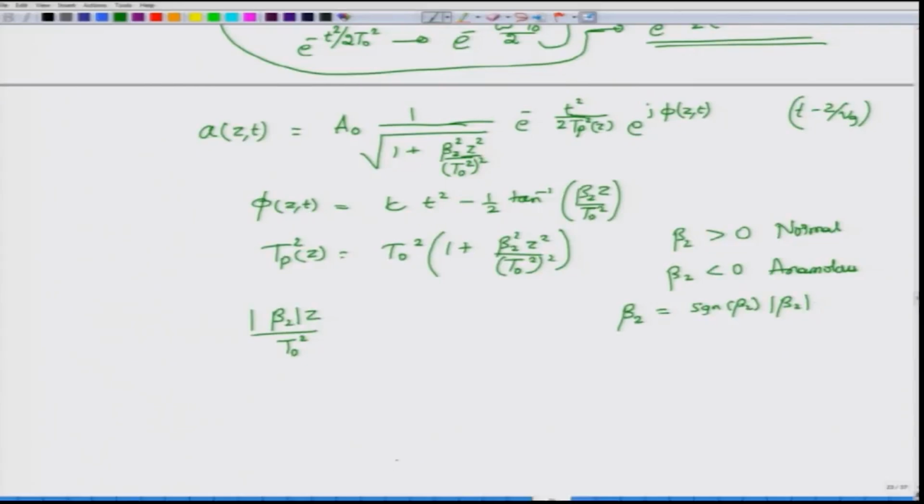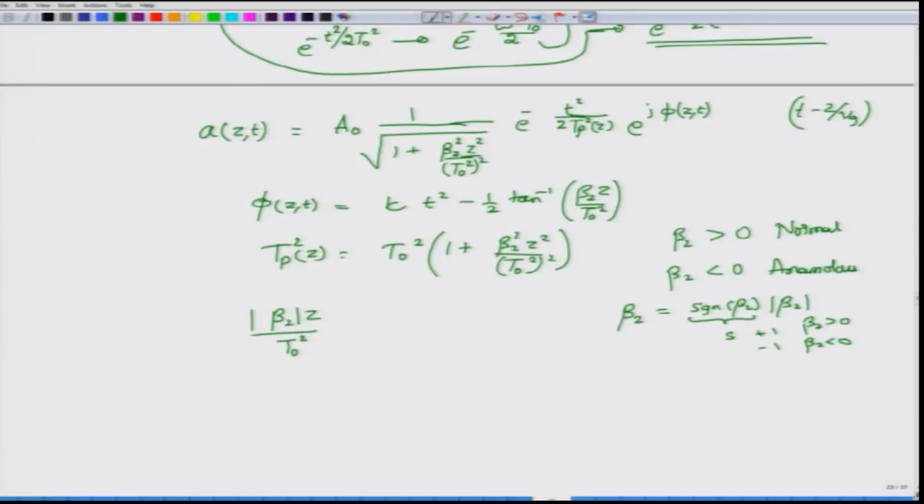So, I am going to simply use a variable s which denotes the sign of beta 2. s could be either plus 1 or minus 1: plus 1 when beta 2 is greater than 0, minus 1 when beta 2 is less than 0, just to take into account that you have anomalous dispersion.